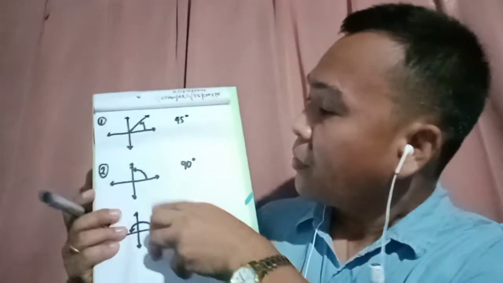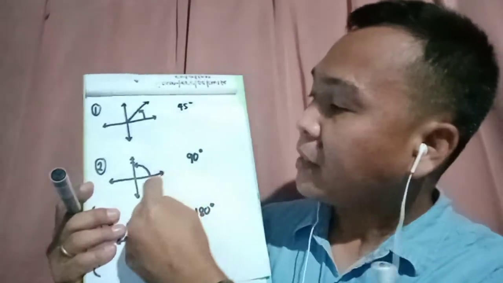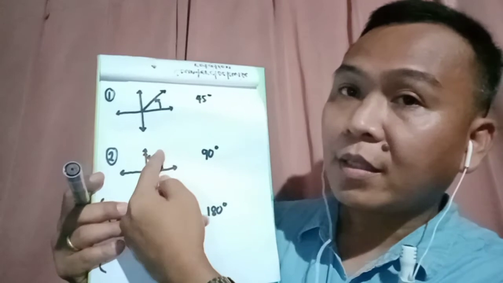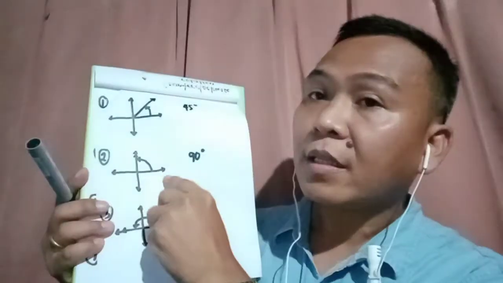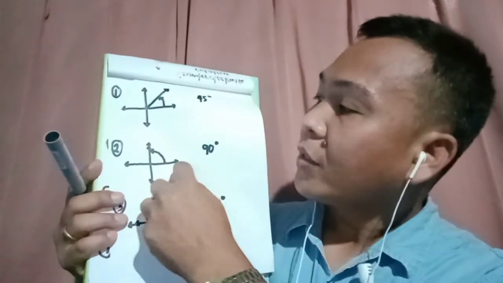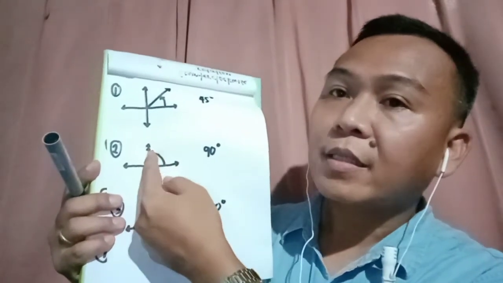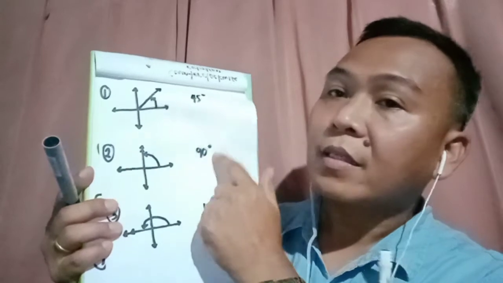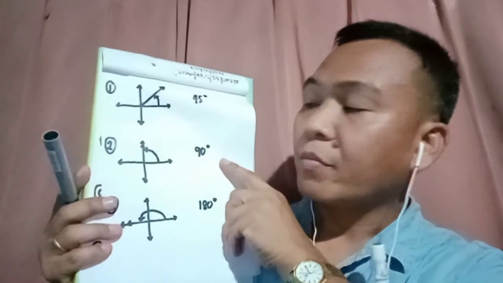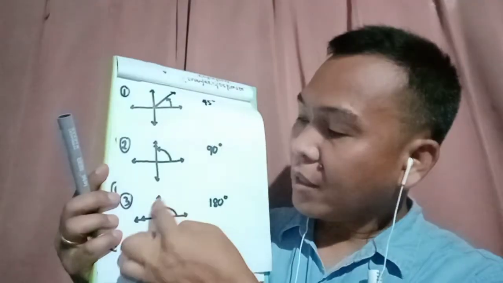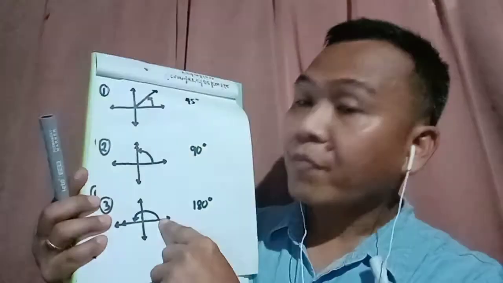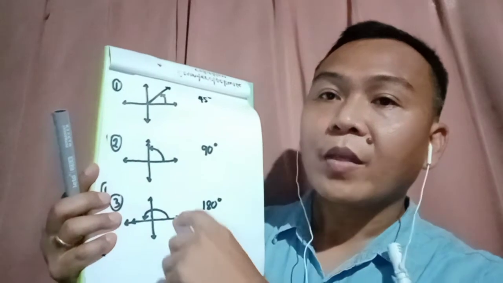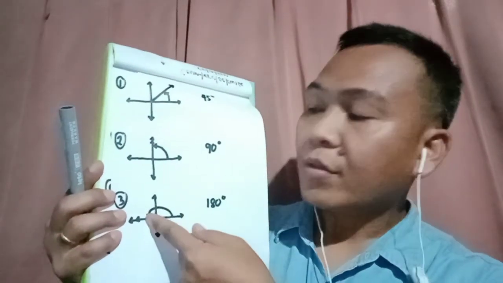Next, we have positive 90 degrees because we rotated it in a counterclockwise direction, from this initial side at the positive x-axis to the positive y-axis. And when we have a straight angle, from the positive x-axis in a counterclockwise direction, therefore we have positive 180 degrees.